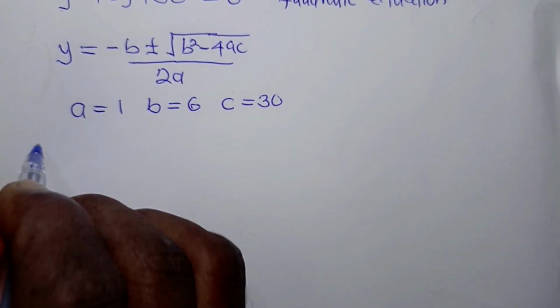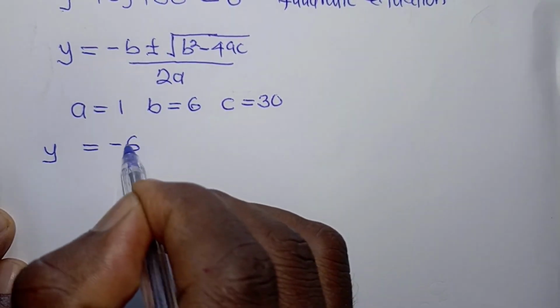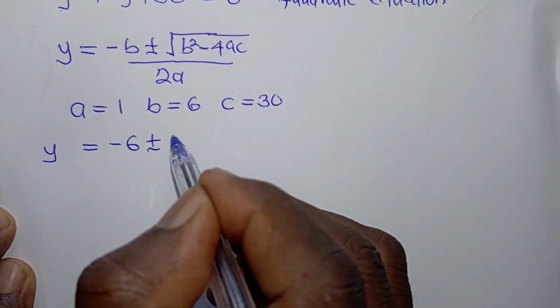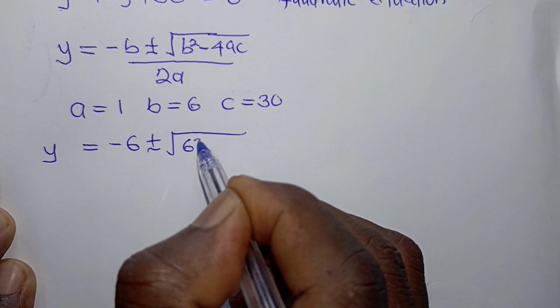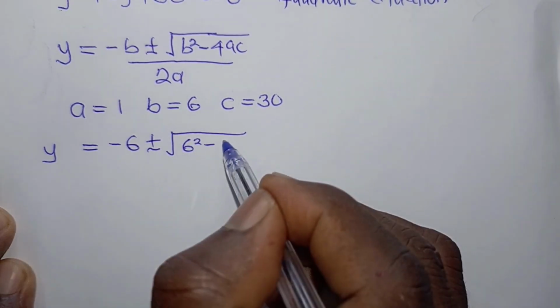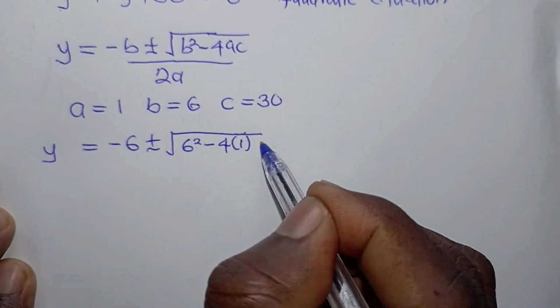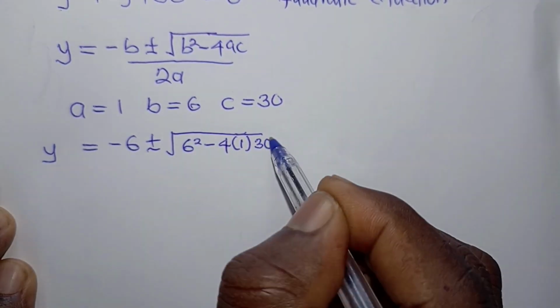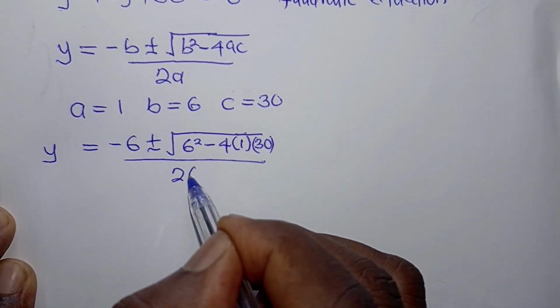So we now have y to be equals to minus 6 plus or minus square root of b squared, so that will give us 6 squared, minus 4a, and the a is 1, c is 30, all divided by 2a, and a is 1.